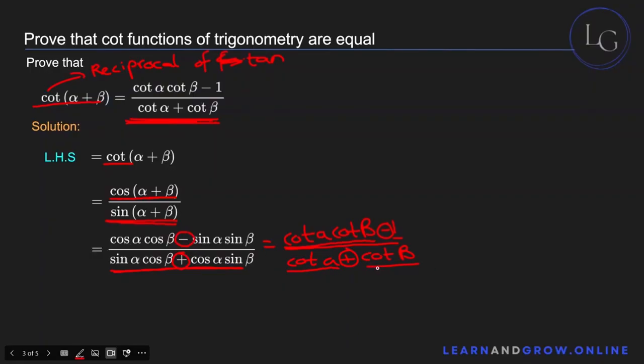Okay, so the easiest thing you can see here is that if you divide sine a sine b by sine a sine b, you end up with 1. So now just divide the entire function by sine a sine b.